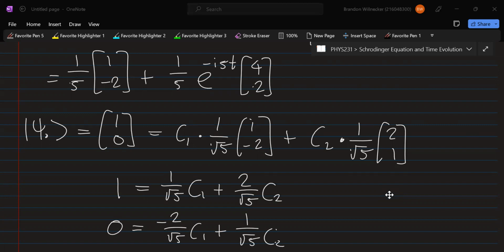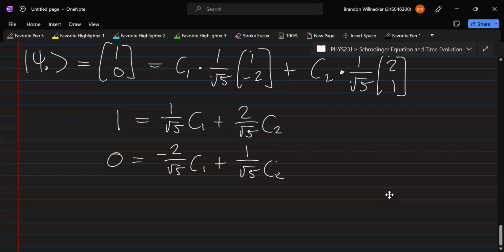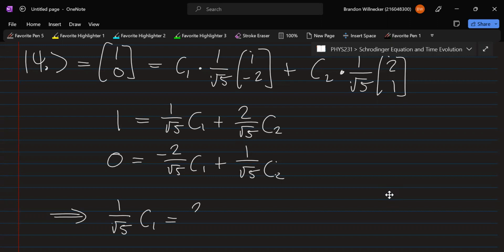Now we have two equations, two unknowns. We can solve for c1 and c2. That's quite easy to do. Let's go through it. If we look at the second equation, we're going to get that 1 over root 5 c1 is equal to 2 over root 5 c2.